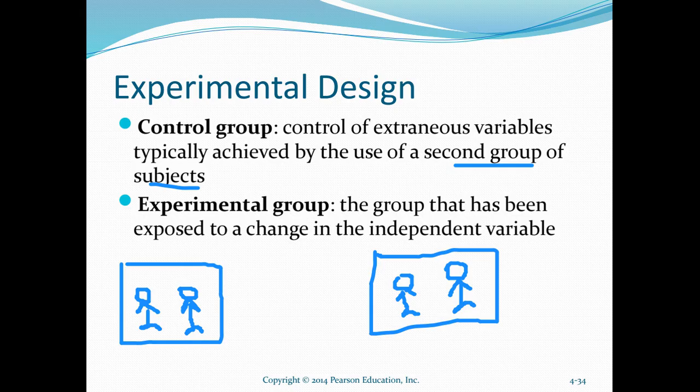So for example, your section, which is say section 1, and this is section 2. Section 1 has been exposed to say ethical training, and section 2 has not been given any training.